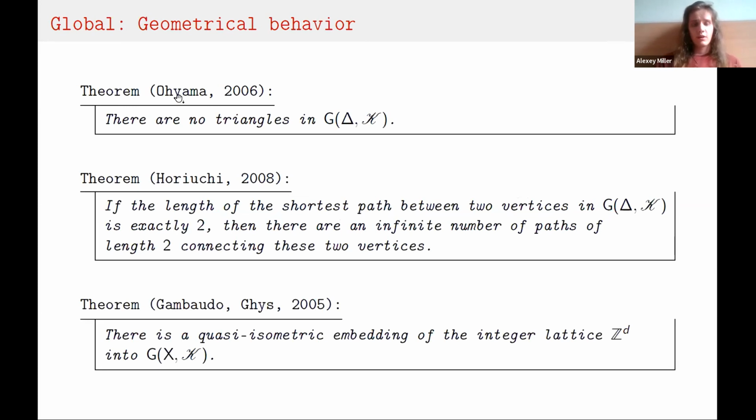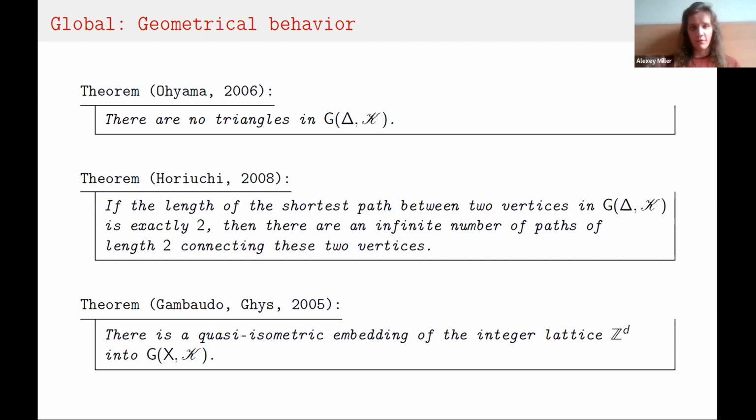For example, Hayama's theorem says that there are no triangles in the delta move Gordian graph. And Horiuchi's theorem says that if the length of the shortest path between two vertices in the delta move Gordian graph is exactly 2, then there are an infinite number of paths of length 2 connecting these two vertices.